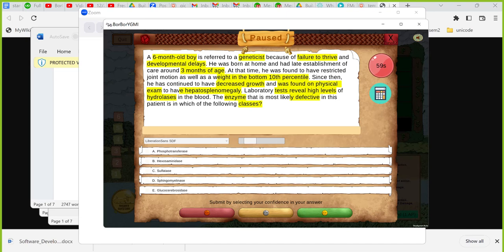So it is asking hydrolysis belongs to which of the following classes? Right. So one of the things you might consider is what kind of disorders these are.